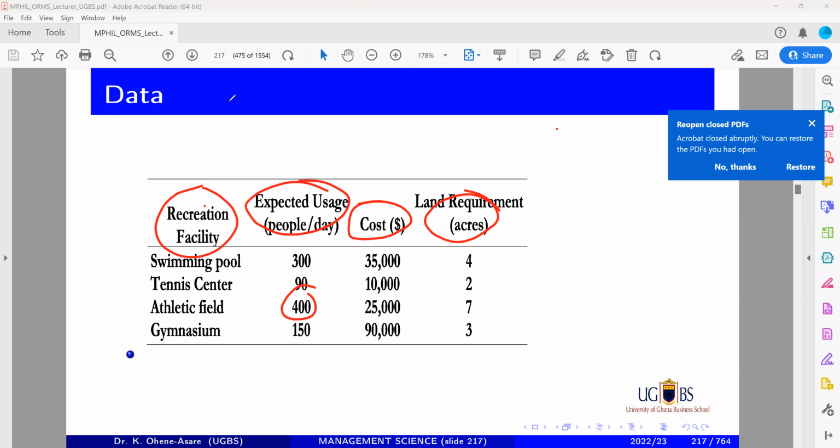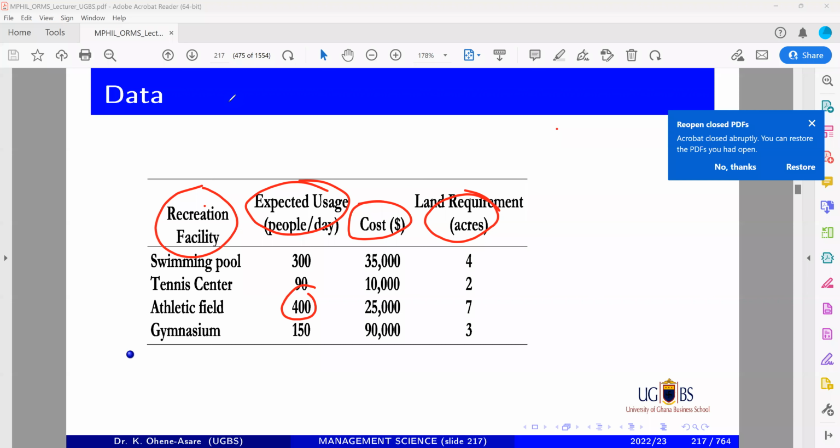So the cost of building it is 25,000. Actually, compared to other facilities like the gymnasium, the cost is relatively affordable. Okay, so the cost is too high compared to others. In fact, not others, only one of them.